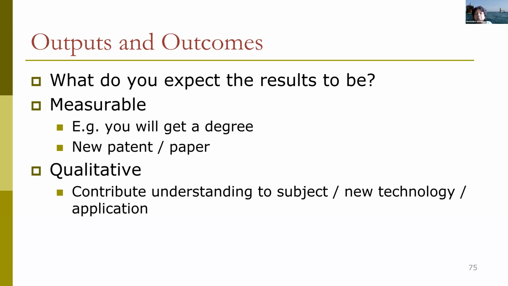Then you have the outputs and outcomes. You must mention the outputs and outcomes from your proposed research as you are anticipating them, right? As you are anticipating, because you have not done the work, so you don't know whether these outputs or outcomes can be made or not.